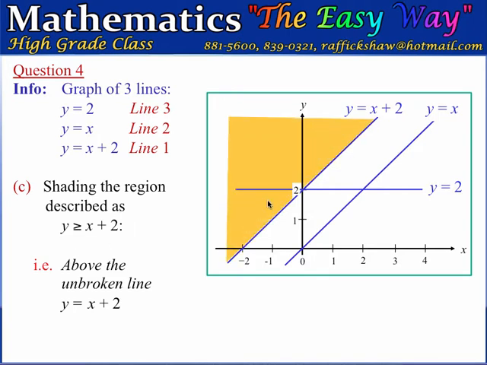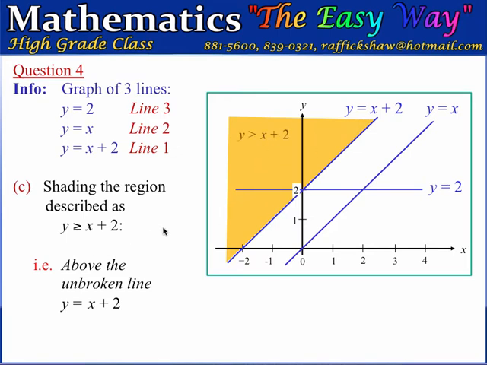Y values above this line will be greater than x + 2. For a given x value, the y value in this shaded region will be greater than x + 2, and for a given x value, the y value on the line will be equal to x + 2, and therefore the line and the region above the line would satisfy this.